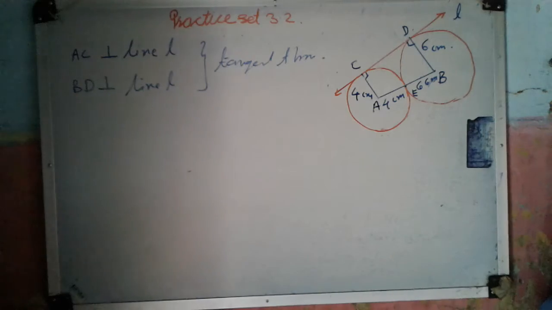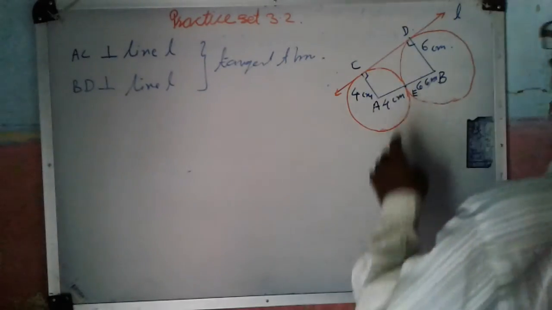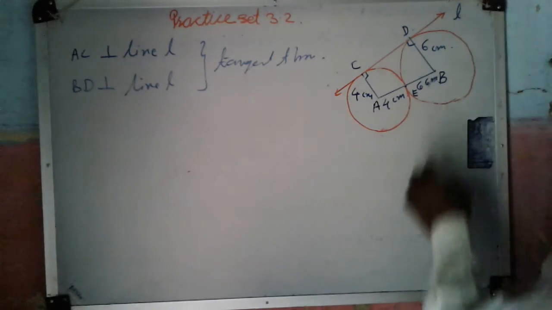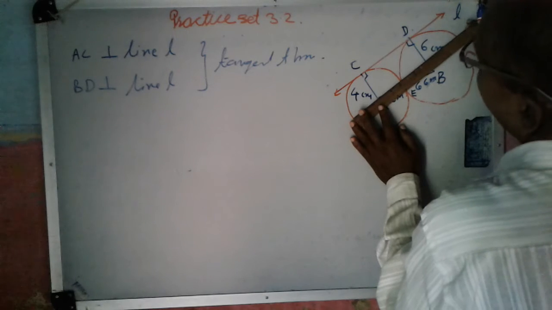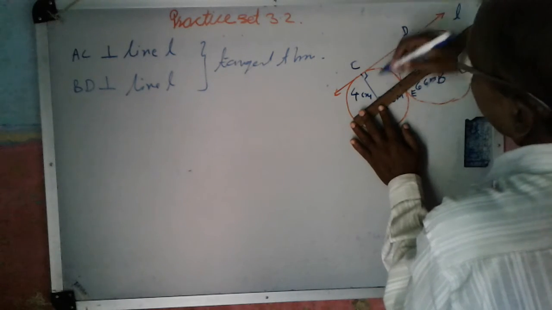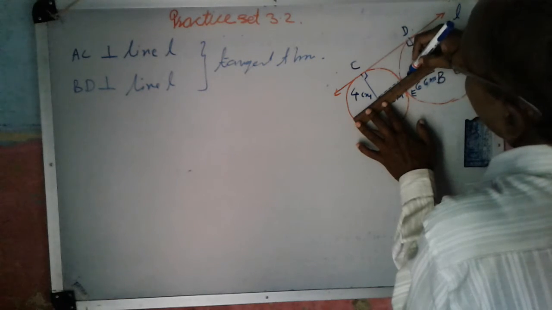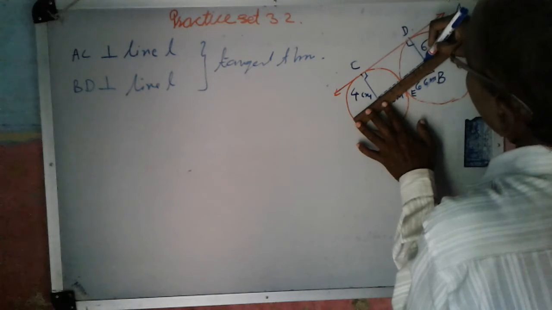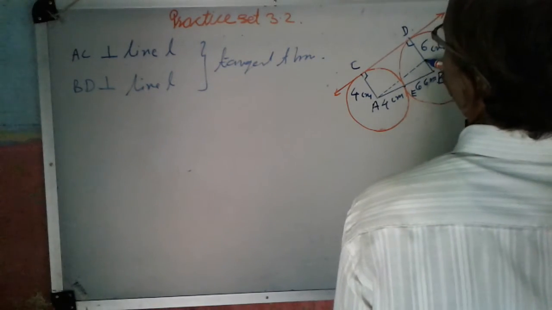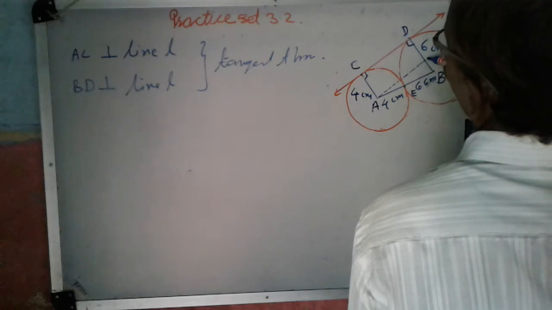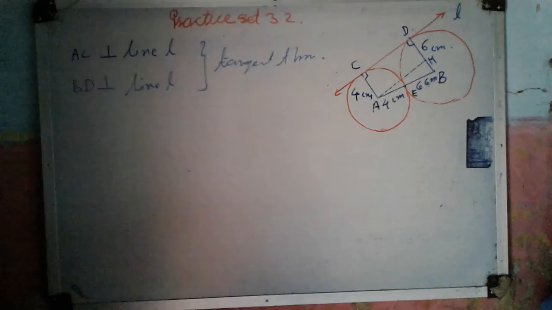Okay, now see here. Now we will draw a perpendicular from point A on radius BD. Suppose that perpendicular is at point M.